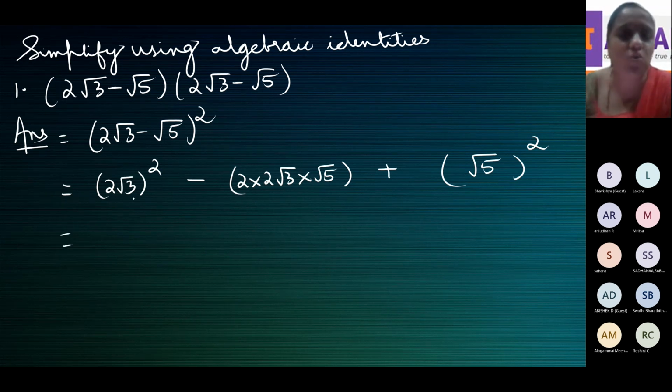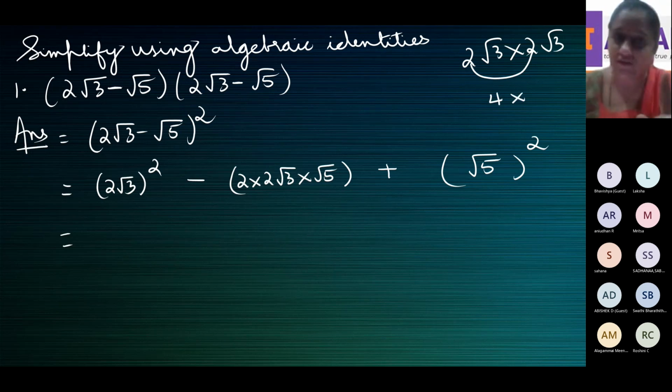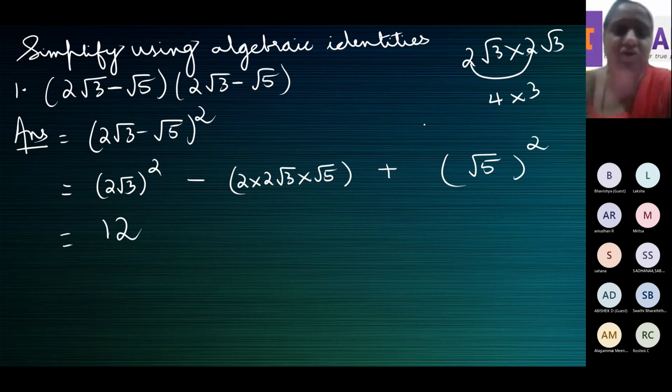Now, what is 2 root 3 the whole square? 2 root 3 the whole square means 2 root 3 into 2 root 3. 2 2s are 4. Root 3 into root 3 is 3. 4 3s are 12.